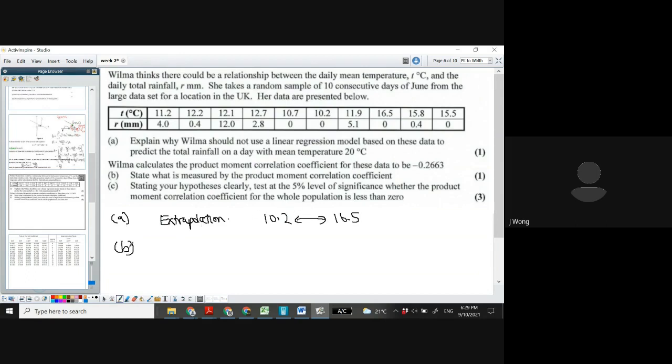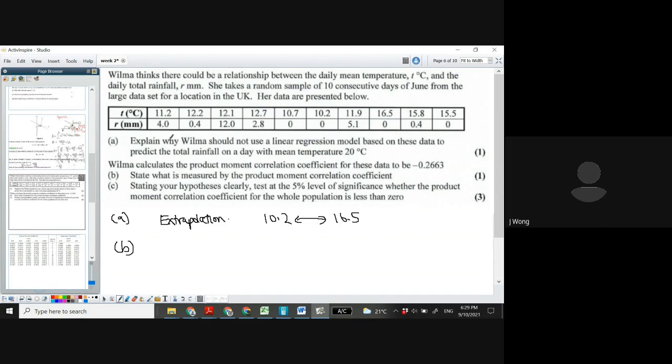So B, she managed to calculate the PMCC for these data, which is minus 0.2663. State what that means. What does PMCC measure? For this bivariate data, meaning there are two variables, we want to see if there's any sort of relationship between them. So that is what this number is for.